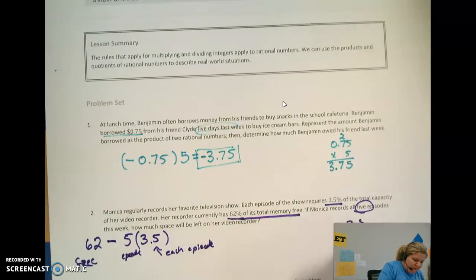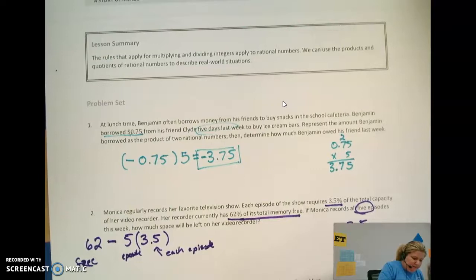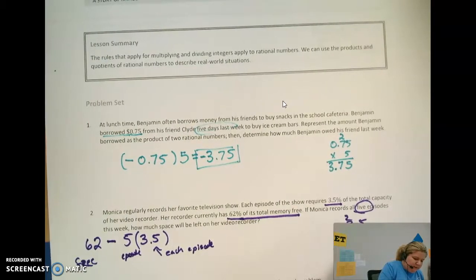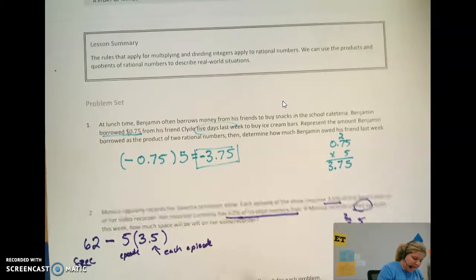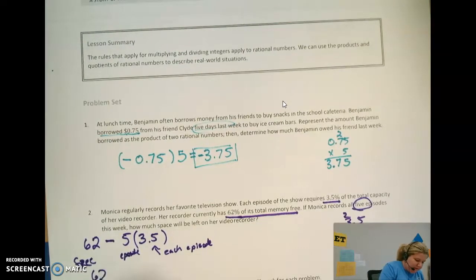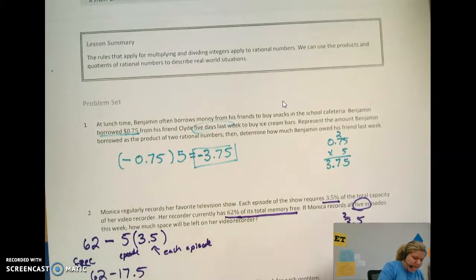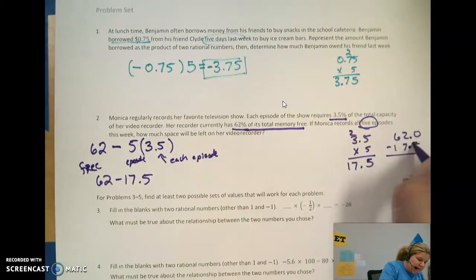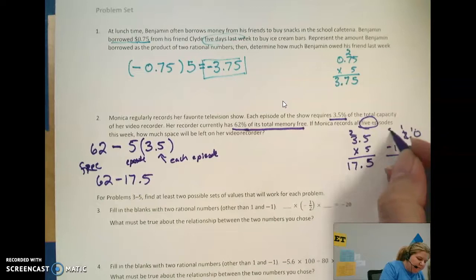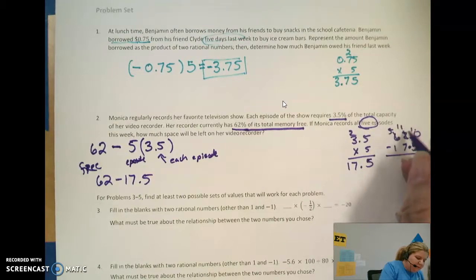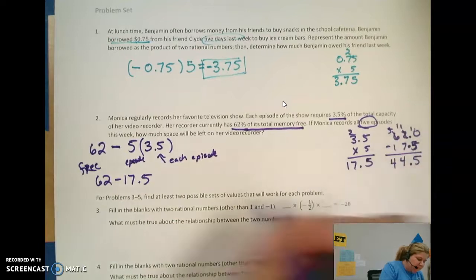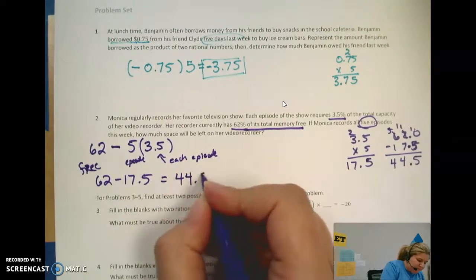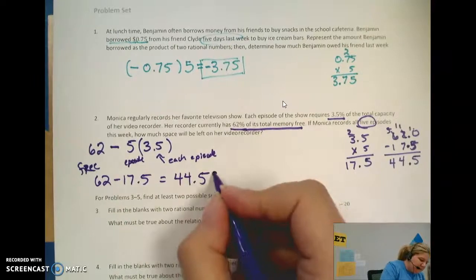So 3.5 times 5, carry the 2, 15, 16, 17.5%. So then I'm doing 62 minus 17.5. And we expect to see side work on your papers for these problems as well. And that's percentage.